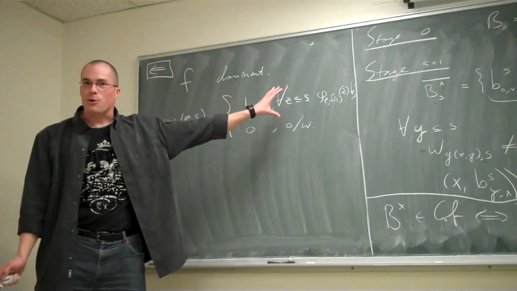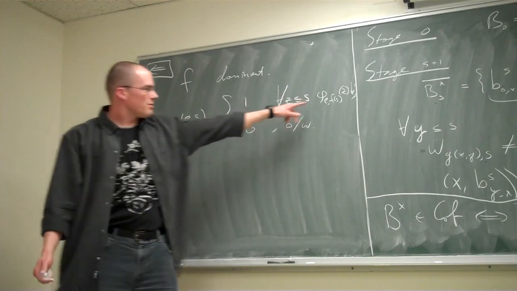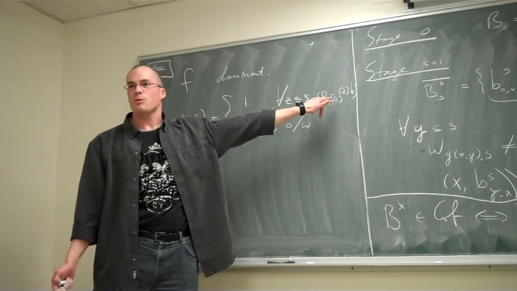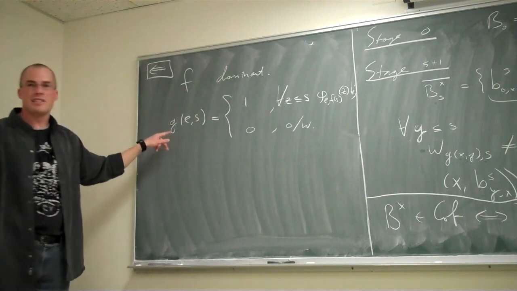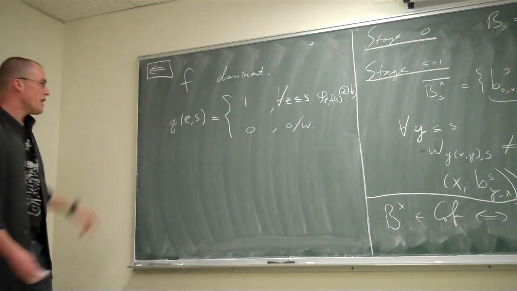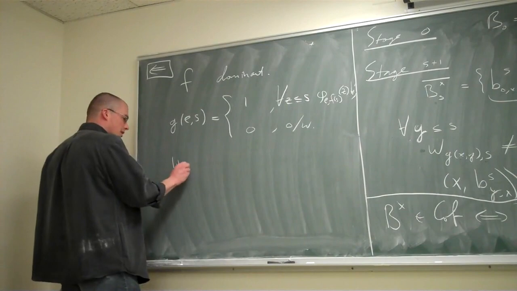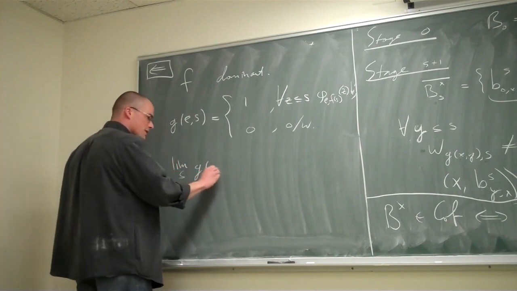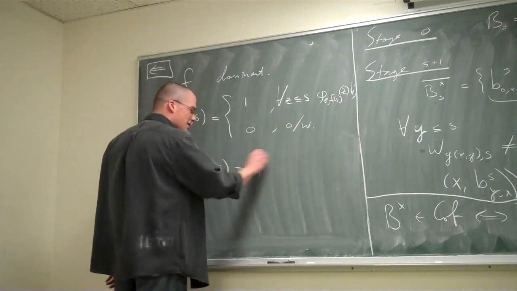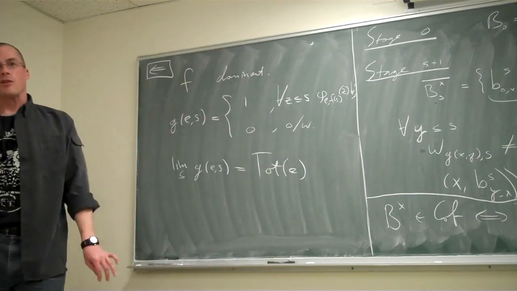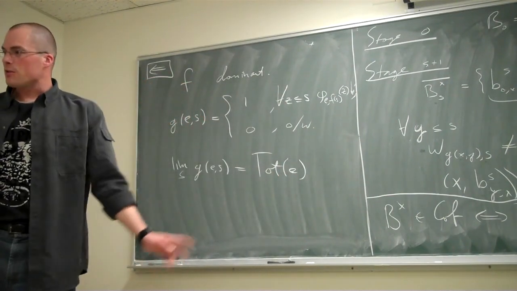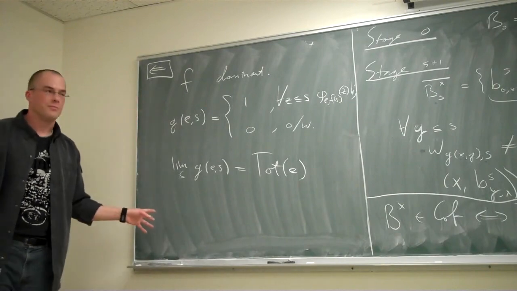So this is certainly a-computable, because it uses f, which is a-computable. Everything else here is computable. So this function g is a-computable, and all we need to see is that the limit over s of g e s is indeed 1 if the function e is total, and 0 if the function e is not total.